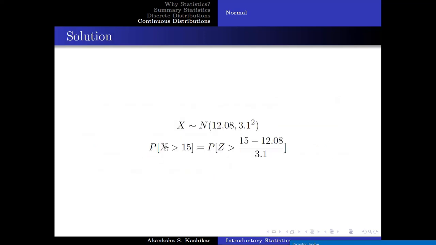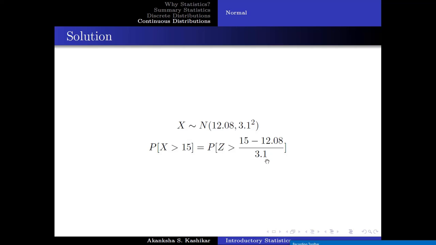So the probability of X being greater than 15. Tables for all normal distributions are not available. In software you can easily get this probability, but if you want to use tables then you have to go for the Z score.